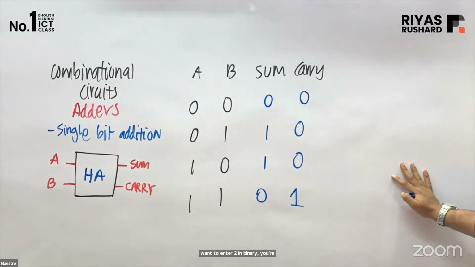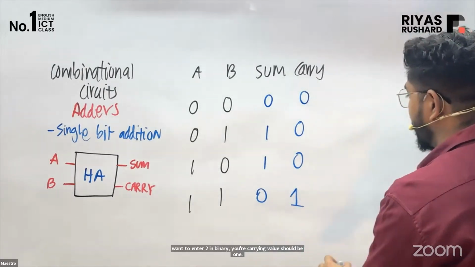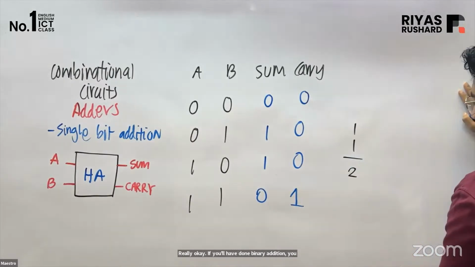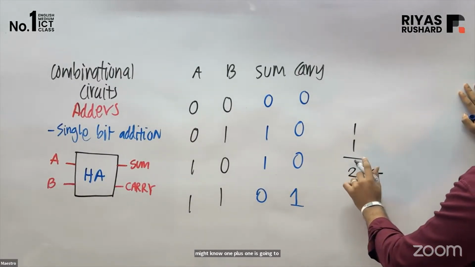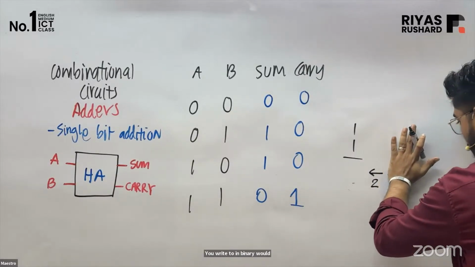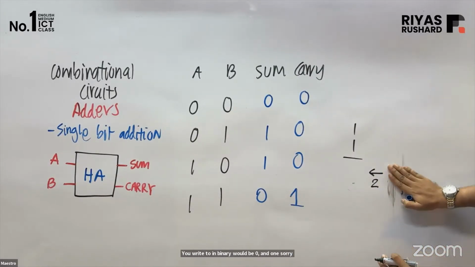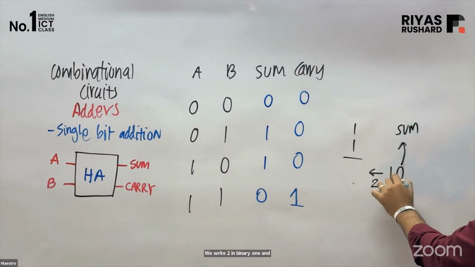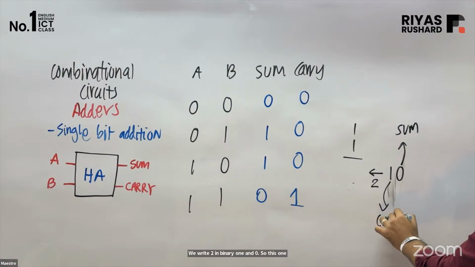If you have done binary addition, you might know 1 plus 1 is going to be 2. Now, how do you write 2 in binary? Sorry, 1 and 0. We write 2 in binary as 1 and 0. So this one is known as the sum, and this one is the carrying value. Why?